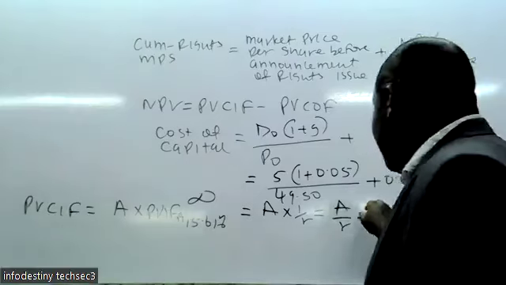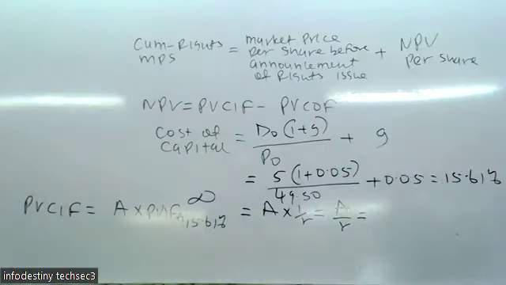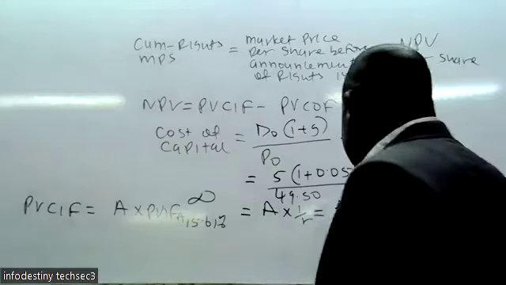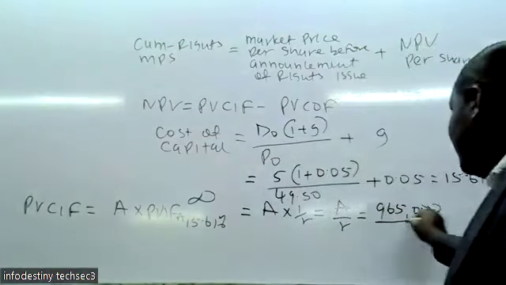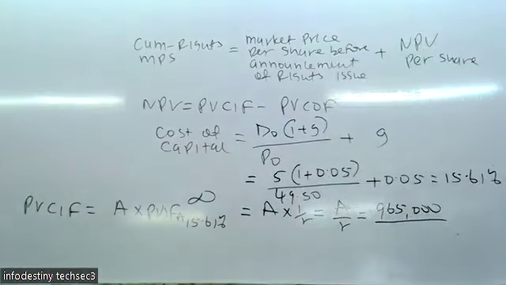So our annuity is the annual cash inflows, and that figure is the 965 that the project is planning to generate.